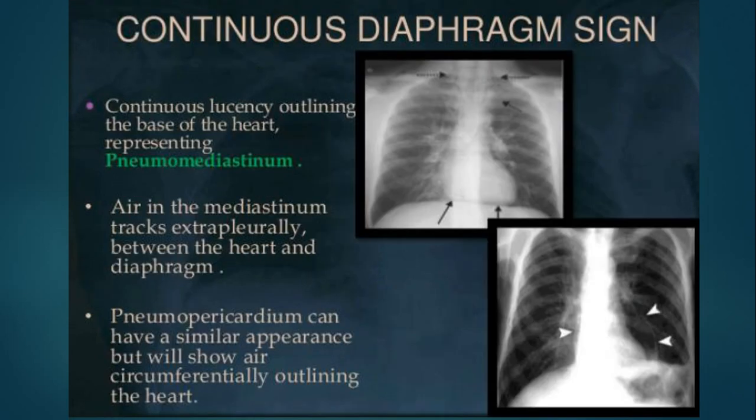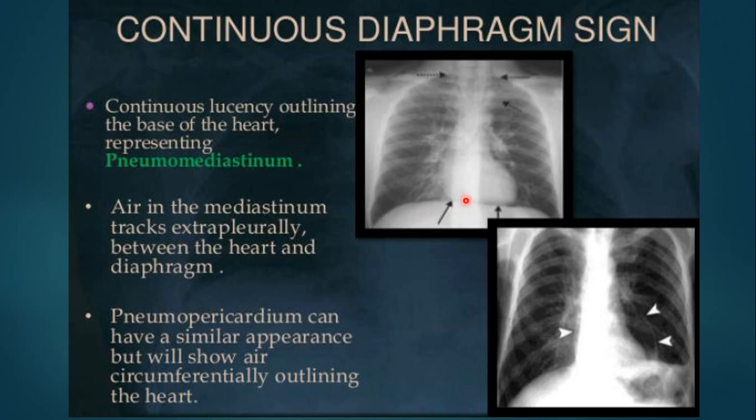These slides will demonstrate the difference between pneumomediastinum and pneumopericardium. In pneumomediastinum, there will be a continuous lucency outlining the base of the heart. You can see this is the base of the heart, and the diaphragm is continuous. We don't see that normally.